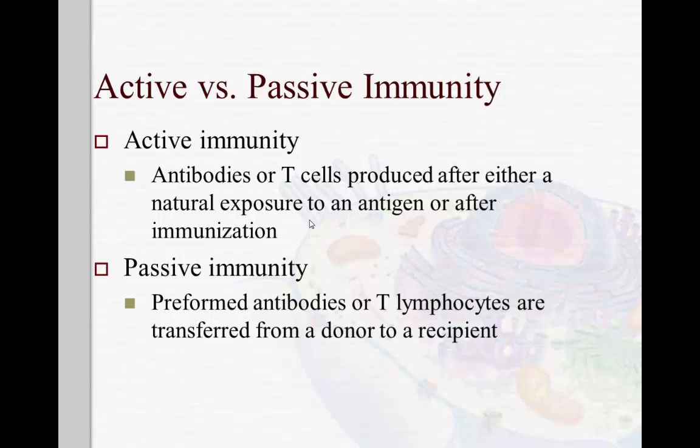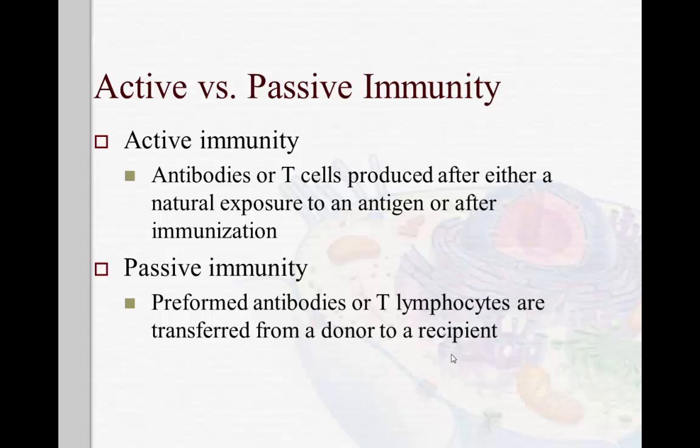Passive immunity is created by preformed antibodies or T lymphocytes that are transferred from a donor to a recipient. So, in other words, passive immunity does not involve the host immune response at all. It occurs when preformed antibodies are given to the patient in the form of immunoglobulins.